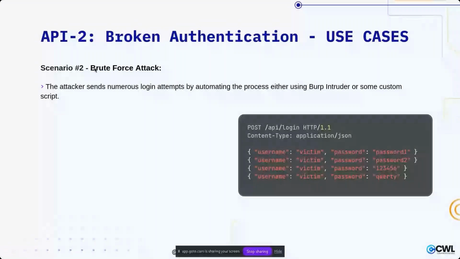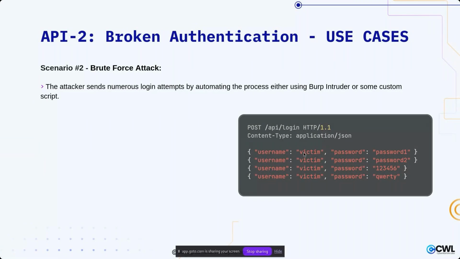Now we actually have a brute force attack here. In a brute force attack, the attacker can send multiple username and password requests from a wordlist or dictionary. For example, this is the POST request to the API login, and we can select this particular parameter for the victim if we know the username.